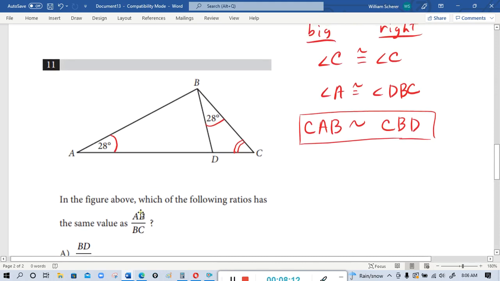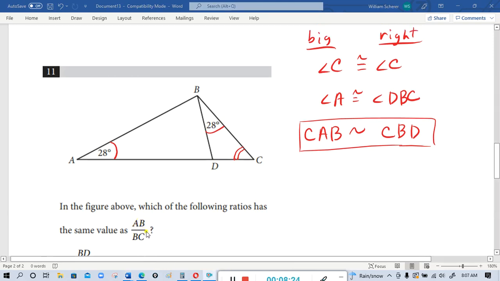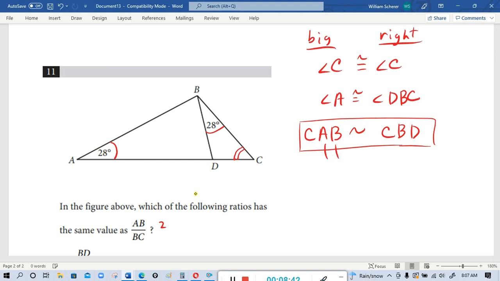AB over BC. AB is the second and third letters, and then BC is the third and first letter.